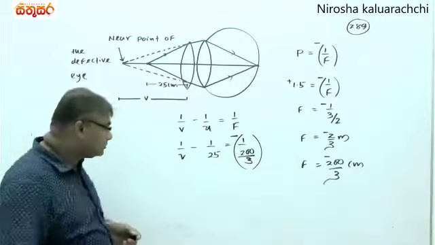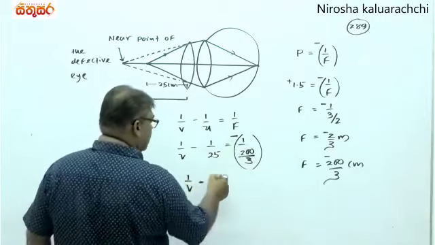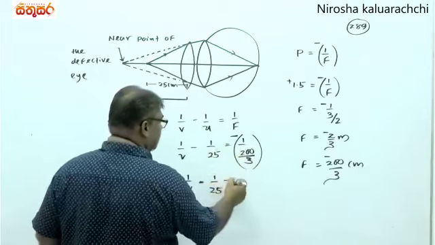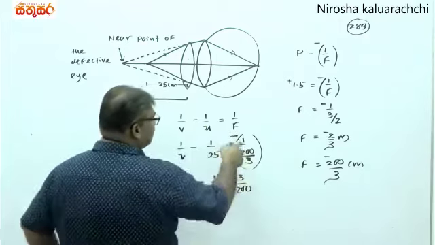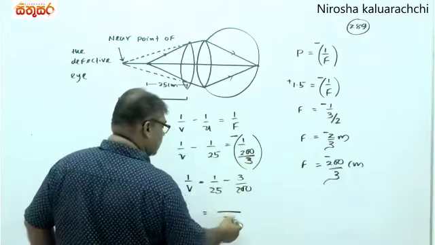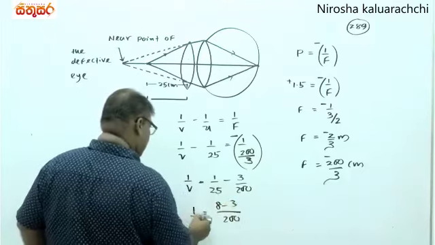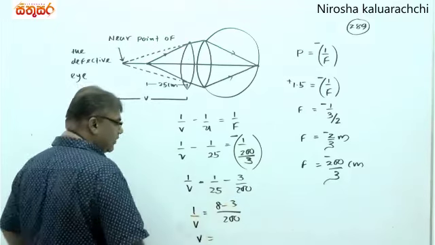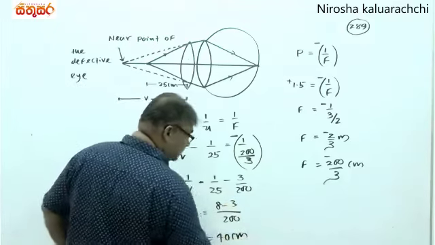Now simplify this one. 1 over V becomes 1 over 25 minus 3 over 200, right? Common denominator 200. Here 8 minus 3, 1 over V. V becomes 200 over 5, no? 40 centimeter. This could be the location.